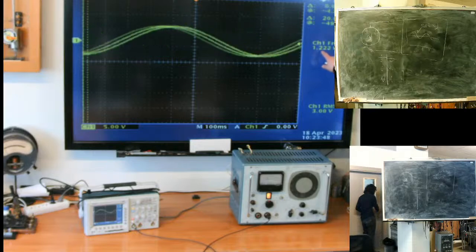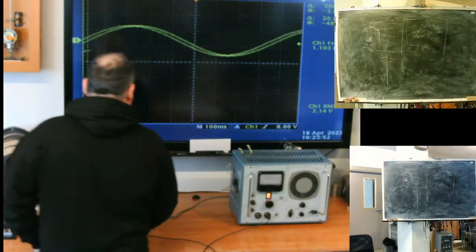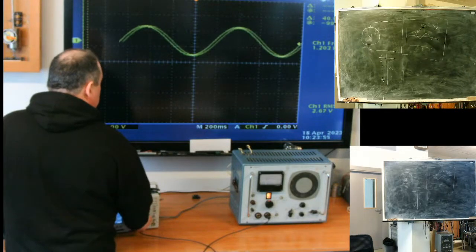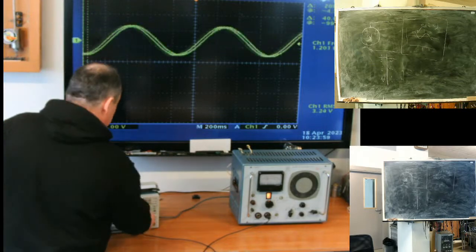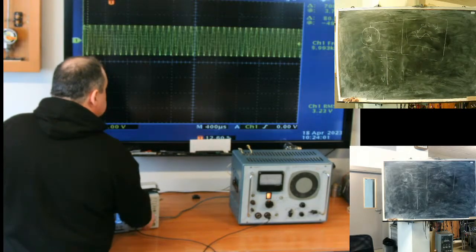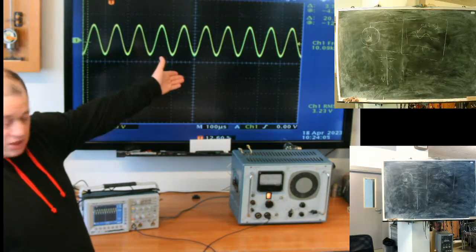Do you see this number? 1.2 Hertz. Wait. I didn't change anything in the signal. 1.2 Hertz, a nice sine. But it's a 10 kilohertz signal, I didn't change anything.